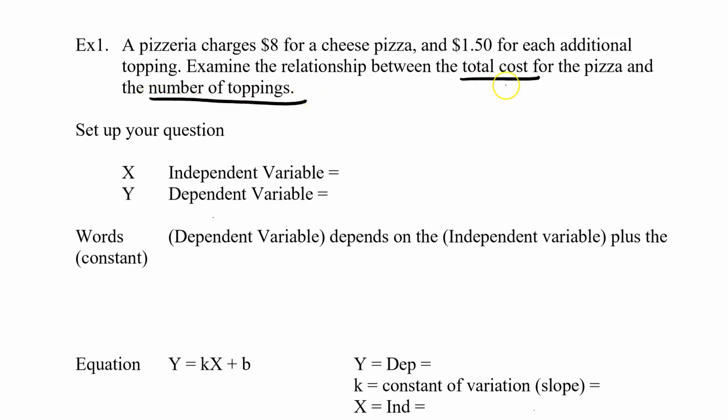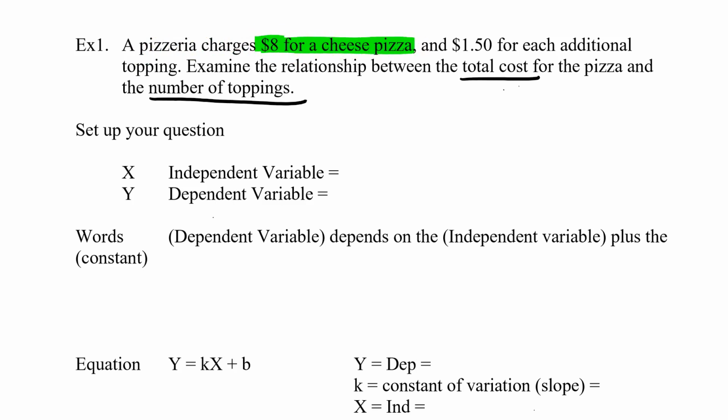This summary statement really makes it clear that these are the two variables we're talking about. Now, the nice thing about indirect is that fixed cost. A pizzeria charges $8 for a cheese pizza, so this is a fixed cost.